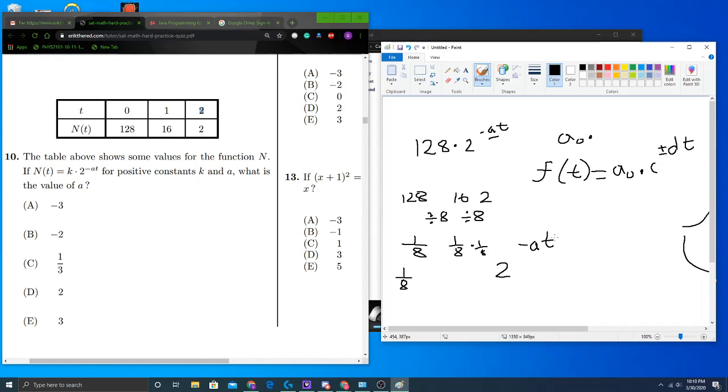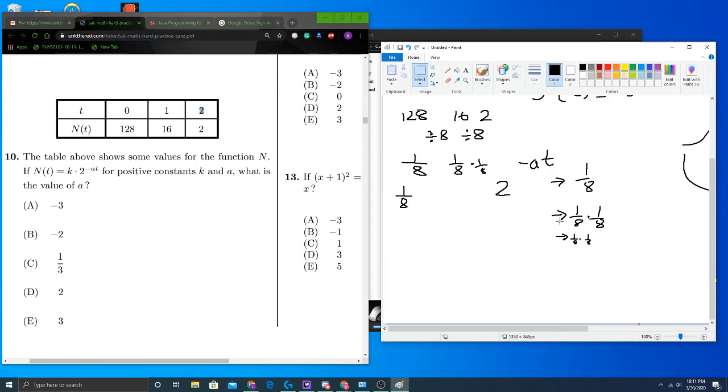So what value of a can we get here, so that for each t, we multiply by that factor again and again? When t is equal to 1, we're multiplying by a factor of 1/8. When t is equal to 2, 1/8 times 1/8. For 3, 1/8 times 1/8 times 1/8. Right?